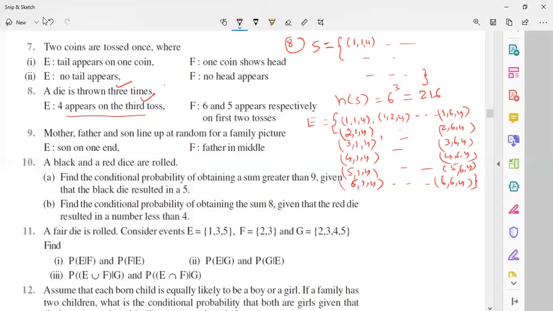F is the event where 6 and 5 appear respectively on the first two tosses, meaning 6, 5.